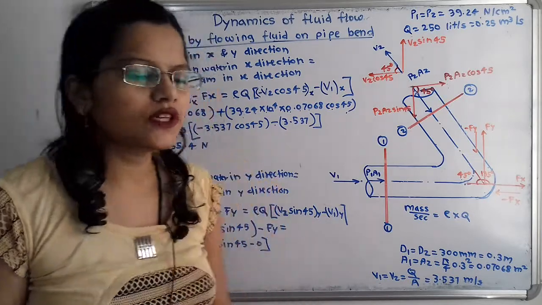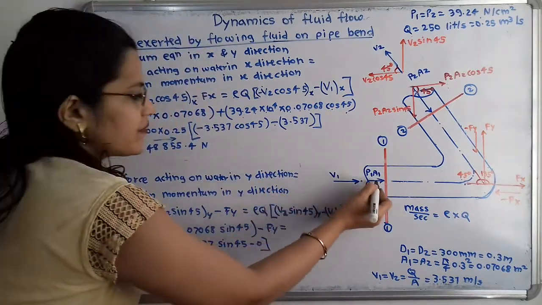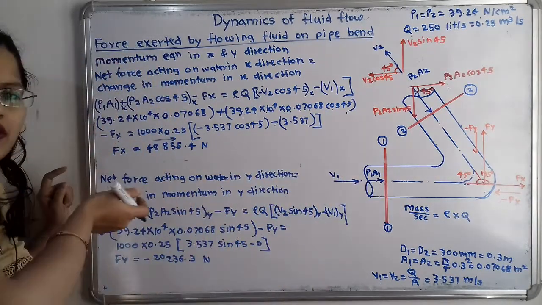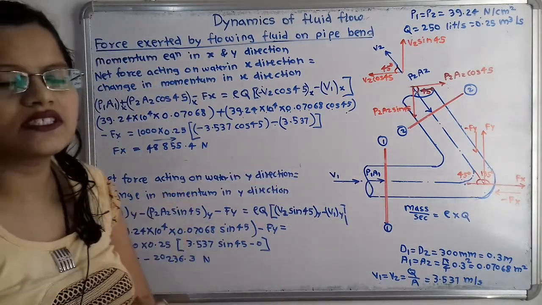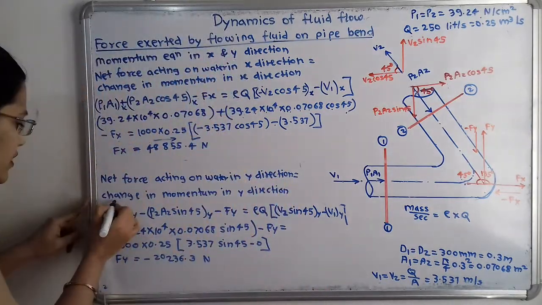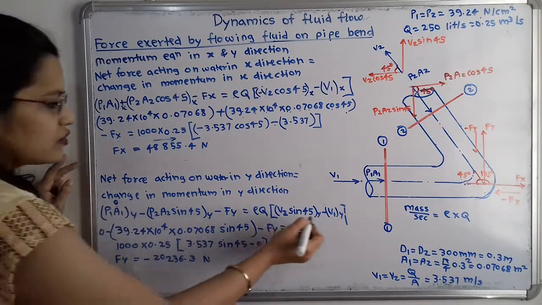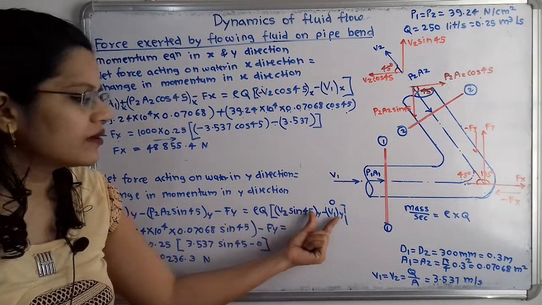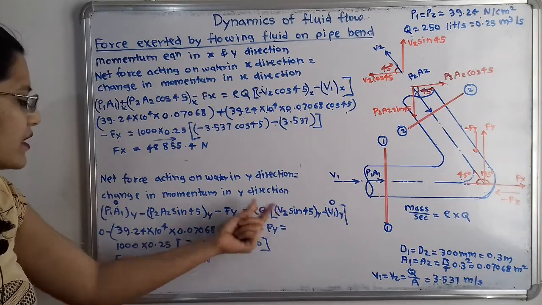Now if we observe this equation, P1A1 and V1 are both horizontal. So what is the vertical component? That is 0. So we put P1A1y equal to 0, and V1y also 0. Now we keep the remaining values.